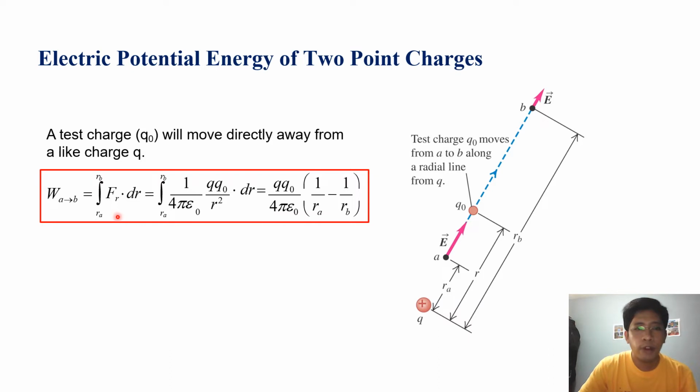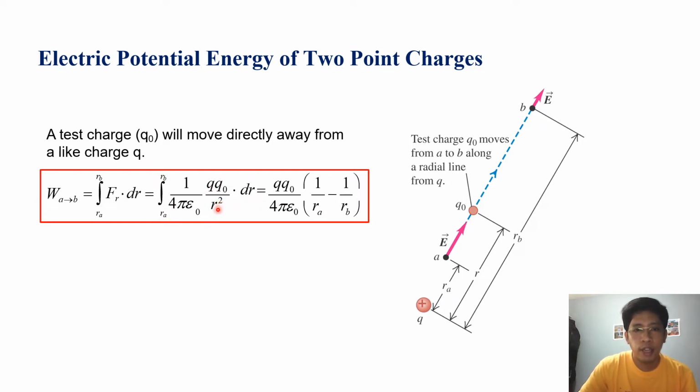So integrate this from r_A to r_B. And remember that your force for point charges is equal to 1 over 4 pi epsilon naught times Q Q naught over r squared. So this is your force for point charges from Coulomb's law, dotted with your dr, and then evaluate your integral.